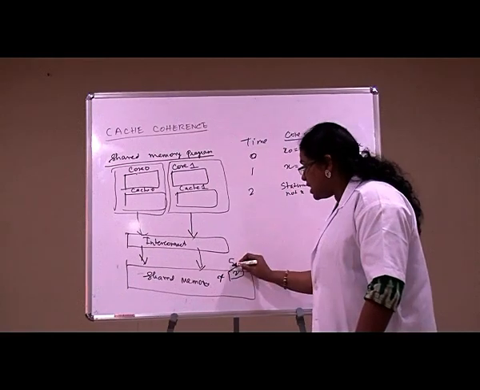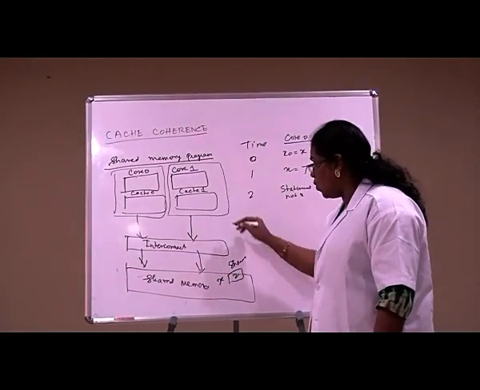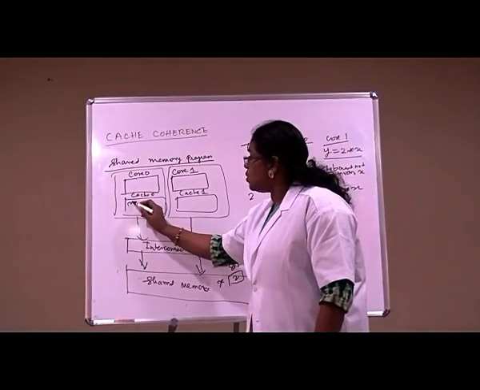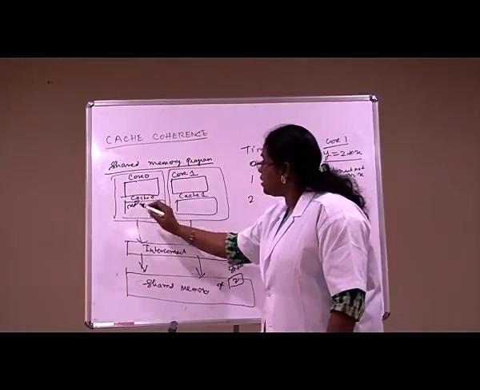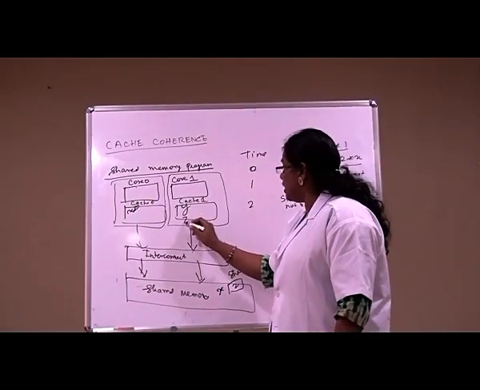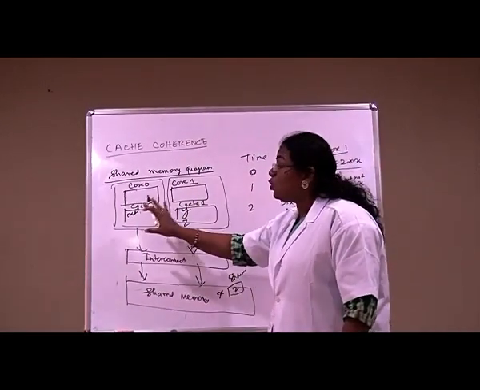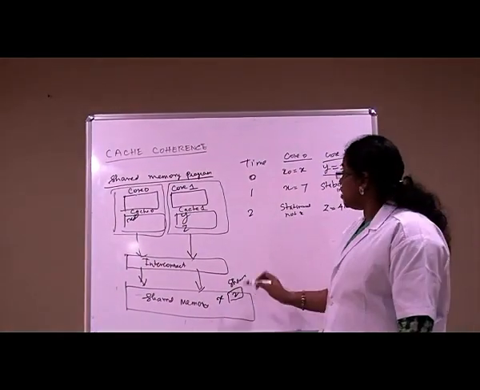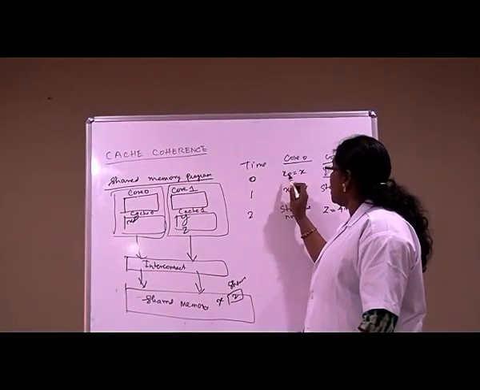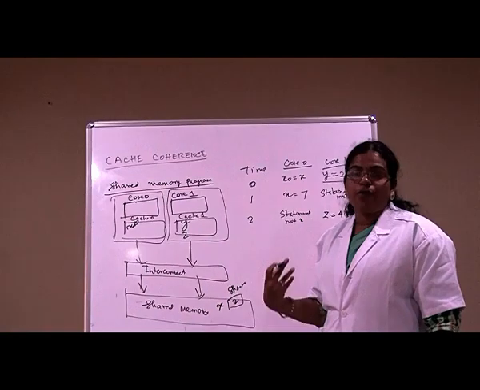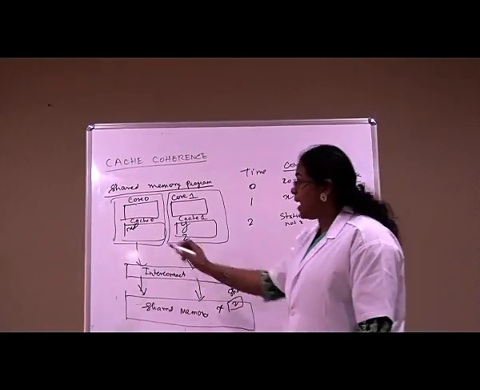Here X is the shared data between the two cores, whereas core 0 has the private data x0, and core 1 has the private data y and z. These are private data, but both cores share the common data X. First, at time 0, I am assigning x0 = x, that is, assigning the value of X to my private variable x0.